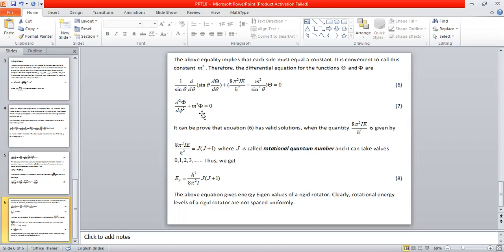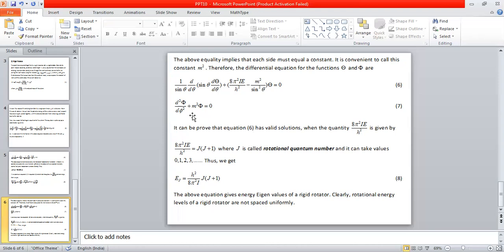Remember that equation 7 resembles the same type of equation that we got in the case of hydrogen atom. We call it the azimuthal equation. So the azimuthal equation in the case of rigid rotator is the same as the azimuthal equation in the case of hydrogen atom.